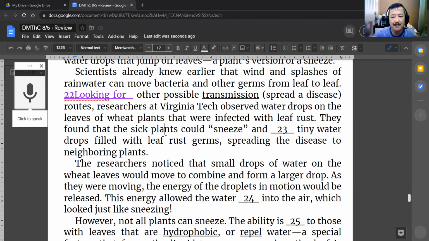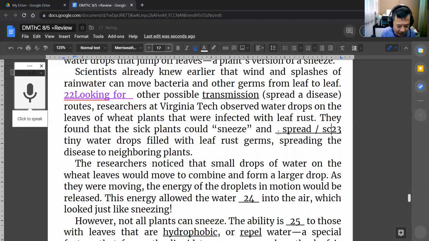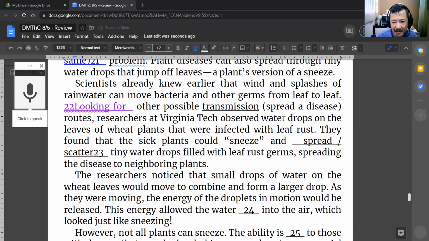Like, some blank tiny water drops filled with leaf rust. So when you sneeze, the tiny water drops, like, right? So here again, I need something like spread or scatter. Remember the word scatter? Yes. So here I need something like spread or scatter or something like that. I need that kind of meaning.